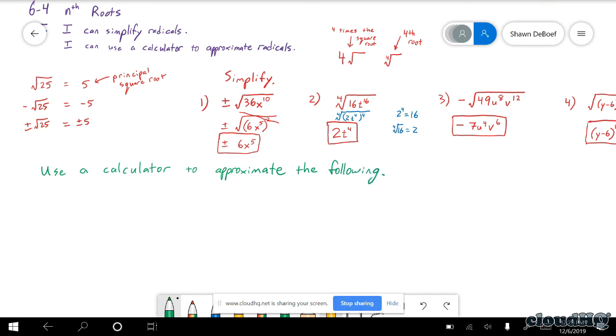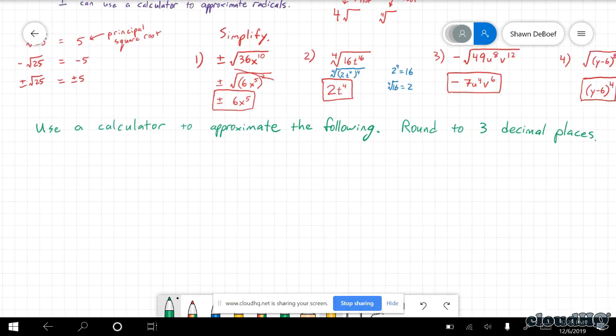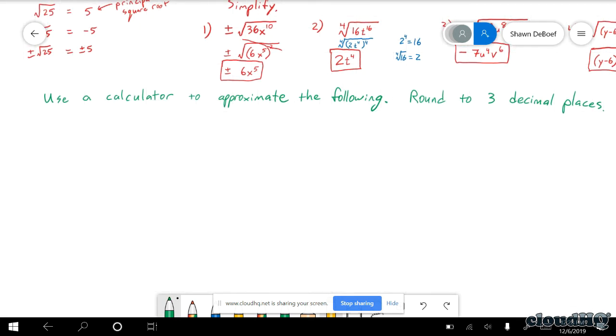We're going to round to 3 decimal places. Before we do this, we got to make sure we know how to do that on a calculator.